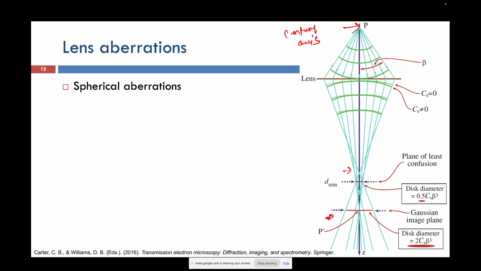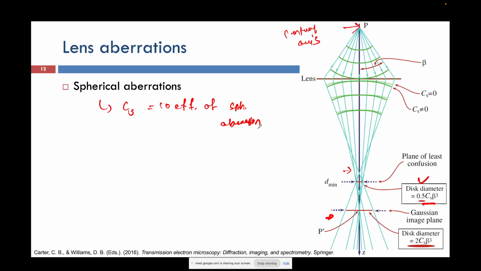In between there will be the formation of a disc that is called the plane of least confusion, and the diameter will be given by this one. So this is what is called spherical aberration, and we measure it by the coefficient of spherical aberration. This is one of the aberrations that we have to keep in mind while designing our lenses.